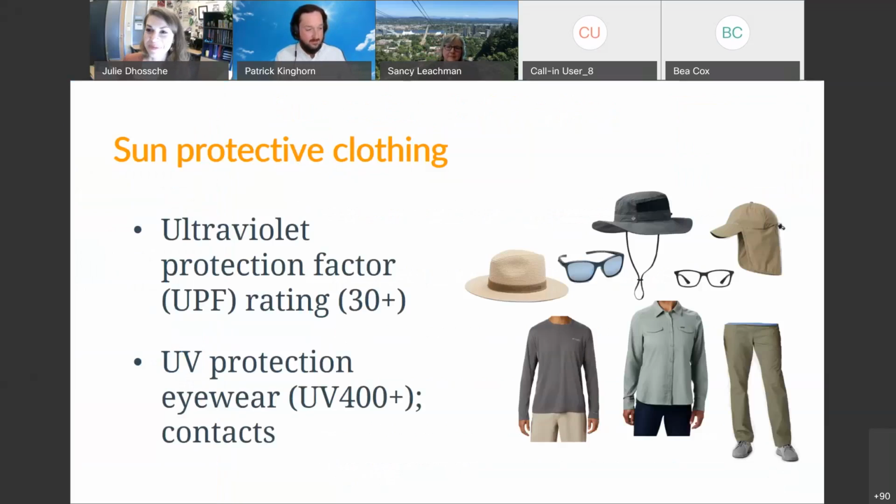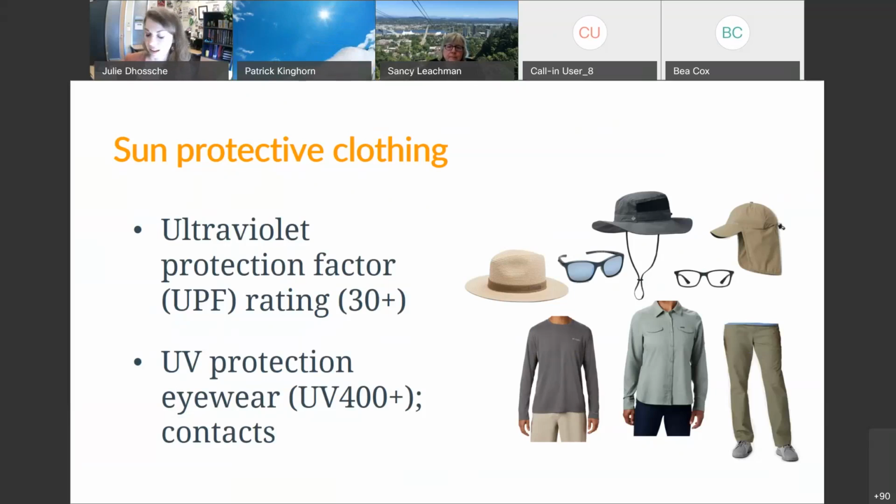Like I said, sun protective clothing, I love it. I think it's great. And I think a lot of these brands are getting more stylish every year. So this is clothing that has ultraviolet protection factor. So it has UV blocking sort of in the fabric. And don't forget hats. We like them to be broad rimmed so that they protect your ears and the back of your neck as well.